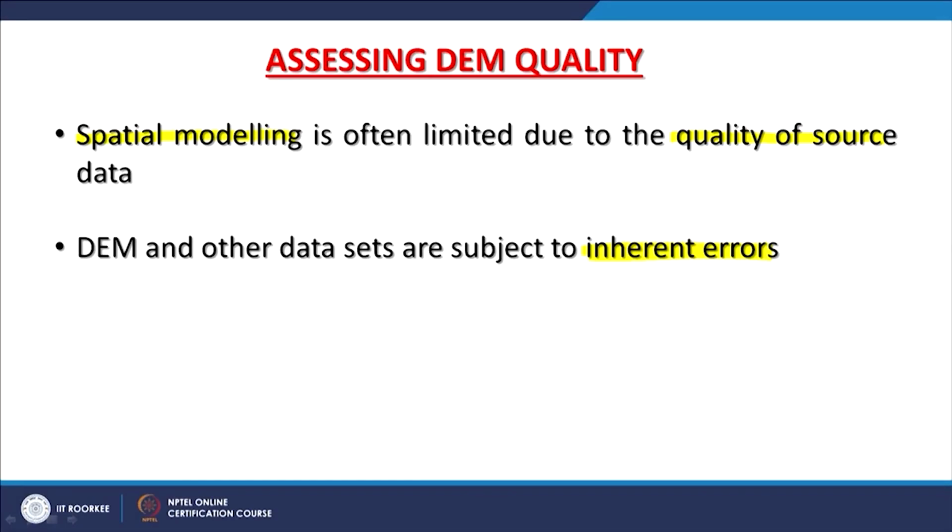Processing errors might be in our hands to check and rectify, but if there are errors which are inherent, where the organization which generated that digital elevation model or collected data in the field and later generated the digital elevation model using that data set, then I would call it an inherent error, or things which are lacking in that one.